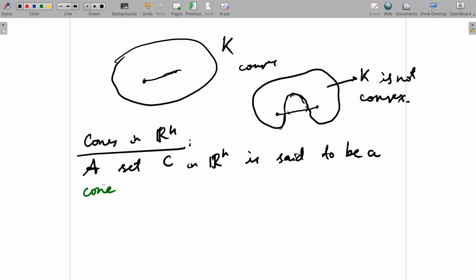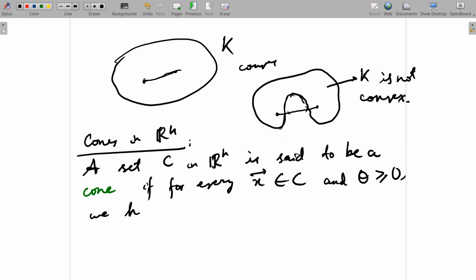It is said to be a cone if for every x in this set C and a non-negative number theta, the scaling of x by theta actually lies again within C. In other words, C is closed under the operation of scaling by non-negative numbers. So in particular, 0 will be there. If I choose theta to be 0, 0 acting on x gives you the 0 vector. So the 0 vector is always in any cone.